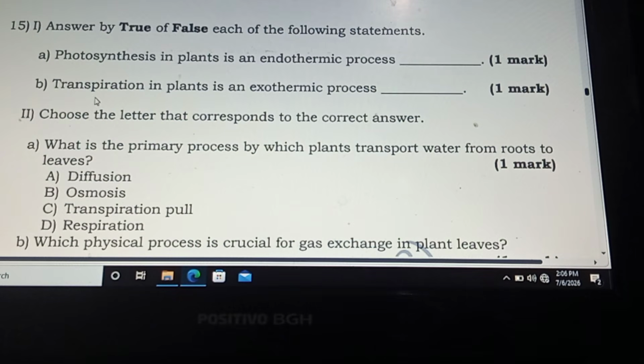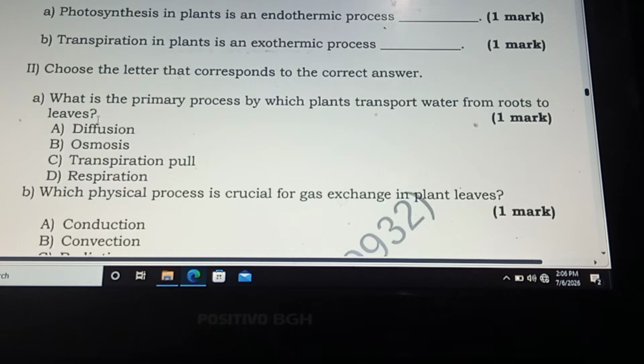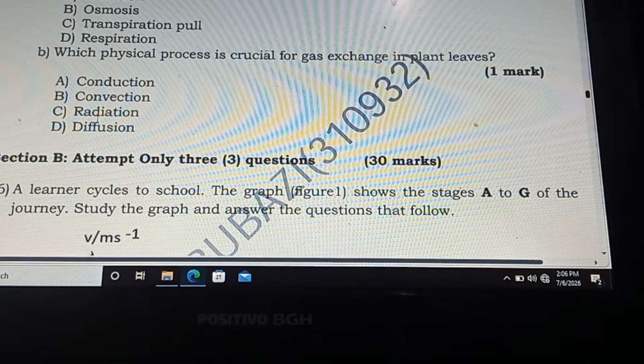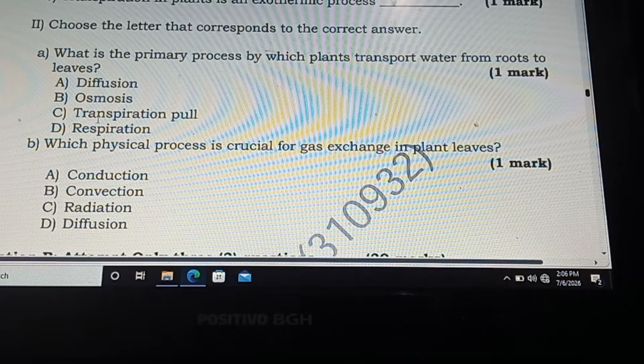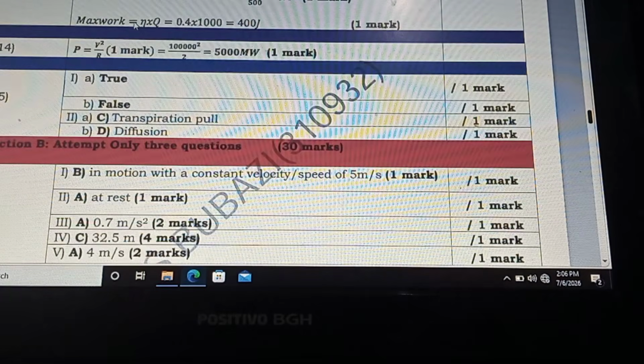Question 15. The solution of question 15 is here.